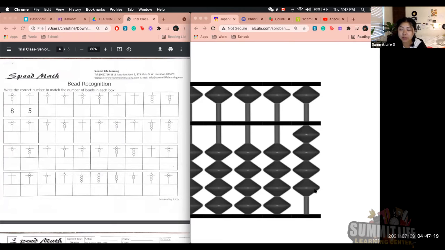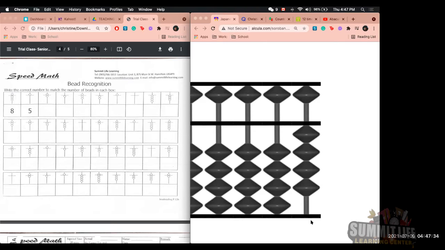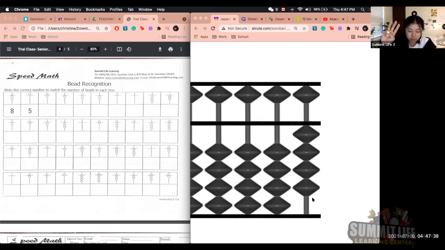Okay, so Timmy, if I have 4 and I want to add 1, how would I add 1 now? I don't have enough beads down here, so I need to ask for help. How would I add 1 then? How would you add 1? First question, 4 plus 1 plus 3.